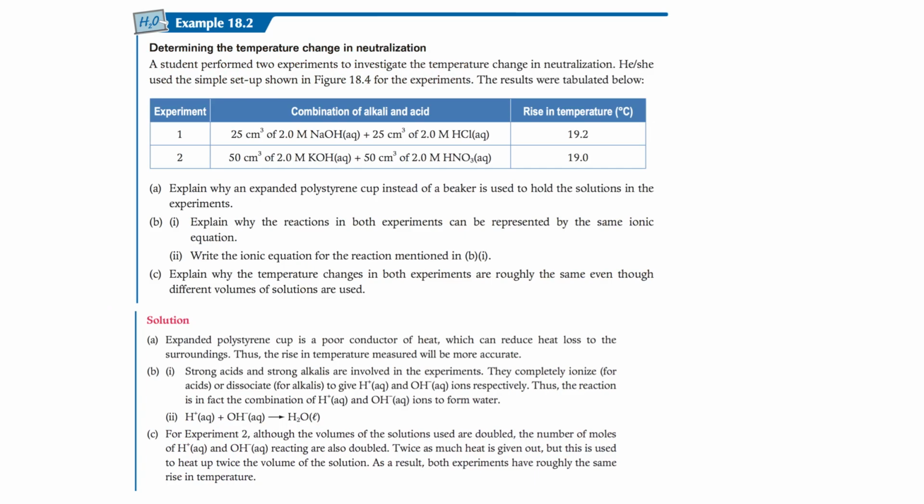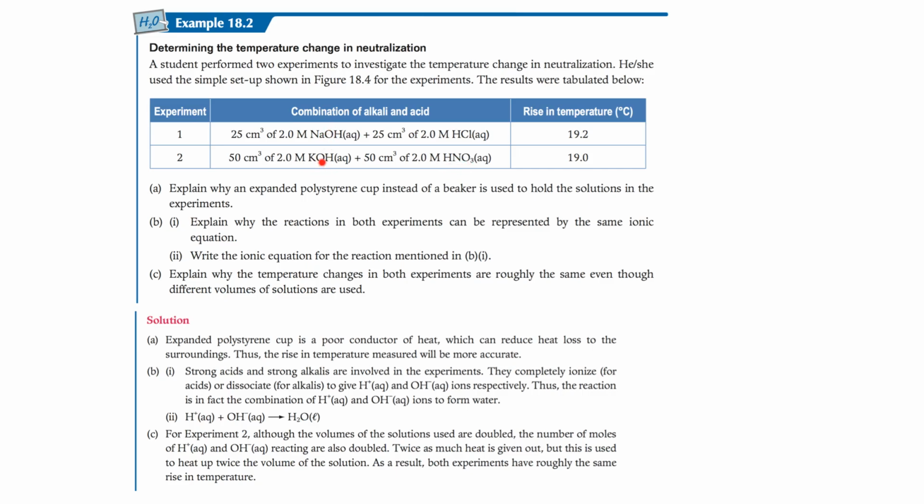So, a quick look at an example, 18.2. For this one, you'll find that we are having two sets of neutralization. In the first experiment, we have NaOH and HCl, each 2 M, 25 cm³, while the other one is KOH and HNO3.